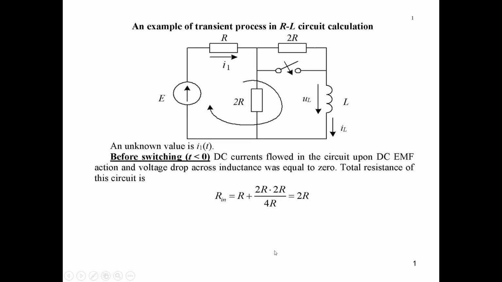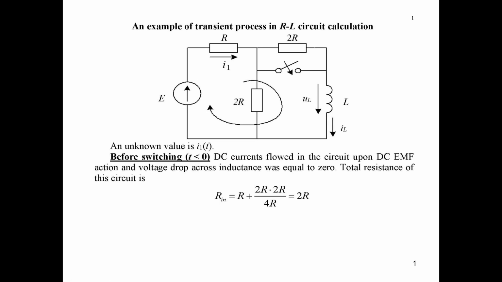So let's consider processes before commutation, because it will be necessary for us to know IL from minus 0. So at t less than 0, we have here a DC source. For steady-state DC processes, inductance can be presented as a short-circuited part of the schematic, because UL equals L dIL by dt, and for steady-state DC processes, all derivatives equal 0.